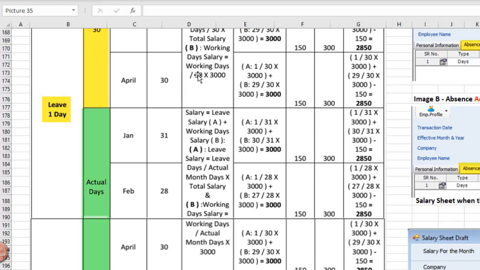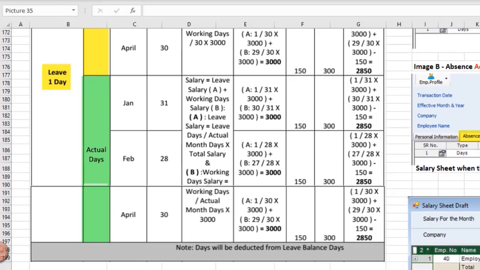It's the actual month days minus the number of leaves, which is in this case 31 minus 1, which is 30. That's why here it's 30. And then this is part A and this is part B. We add them together to get the salary for the employee for this month. If we also consider pension, this minus 150 gives us this. This is regarding January of actual days.